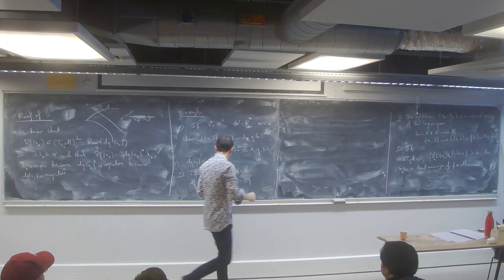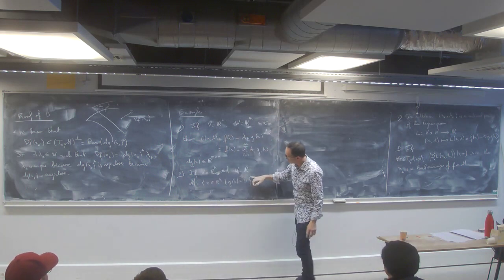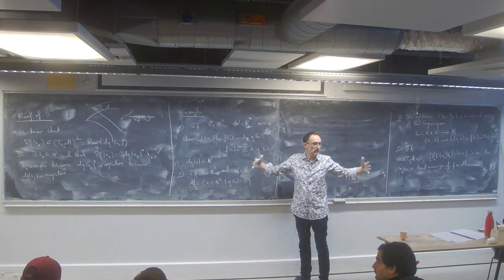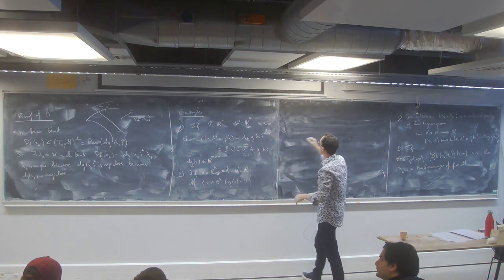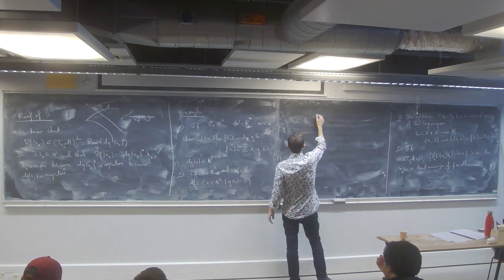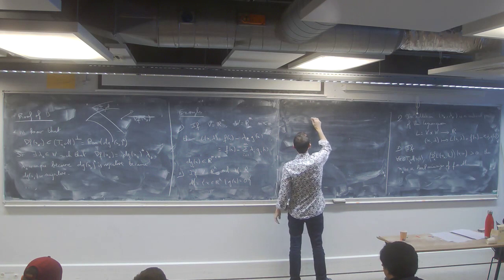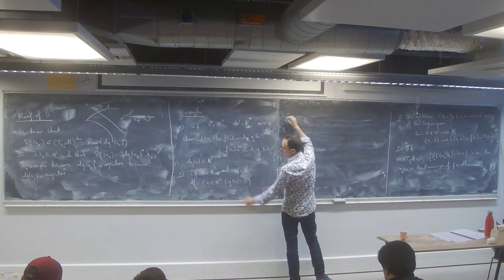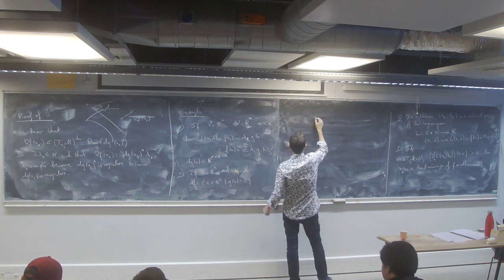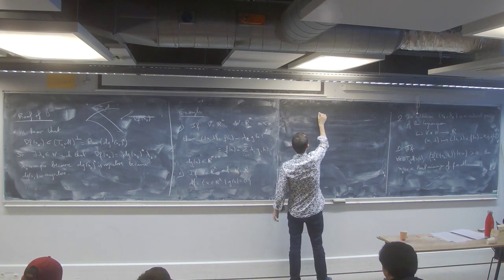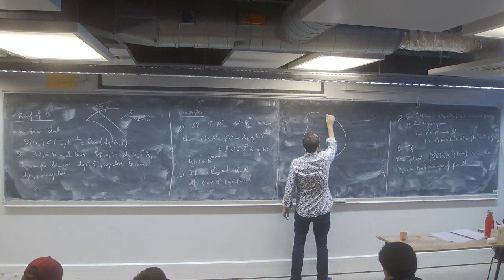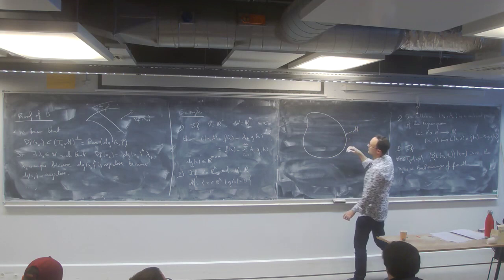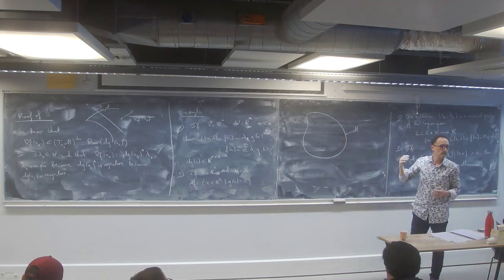So M is an n-1 dimensional manifold. So it's called a hypersurface, okay? So let me draw a picture in 2D. So let's say in the picture, I will take n equal 2 and m equal 1. So in this case, this is M, okay? So it's a smooth curve, okay?